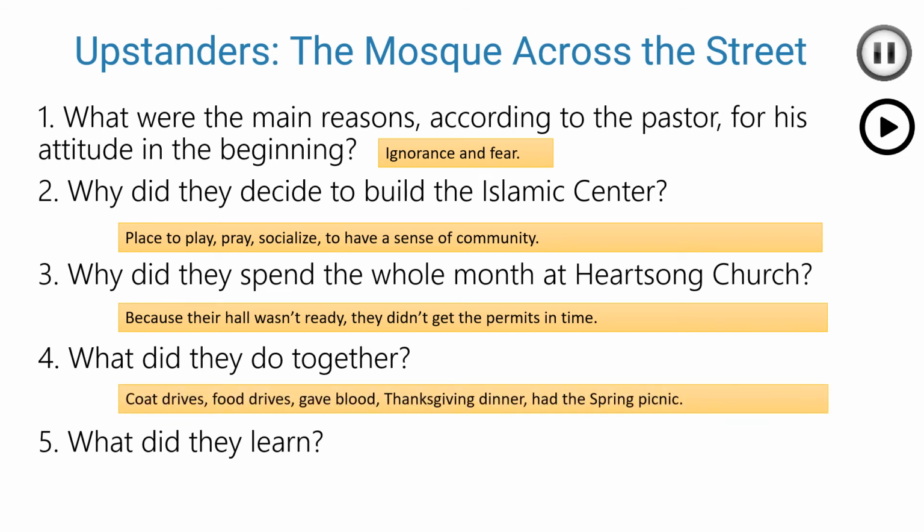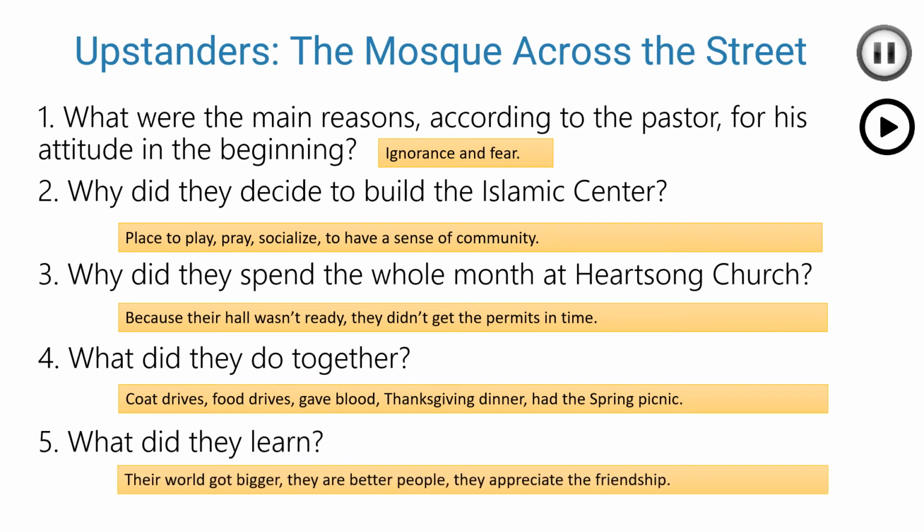They did coat drives, food drives, they gave blood, they had Thanksgiving dinner and a spring picnic. And they learned that their world can get bigger, that they are better people now, and they appreciate that friendship.